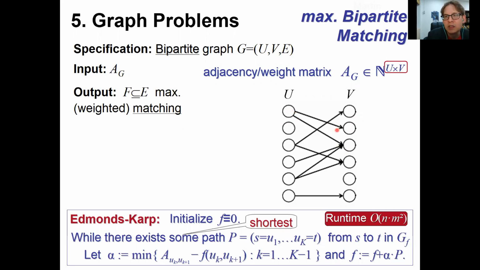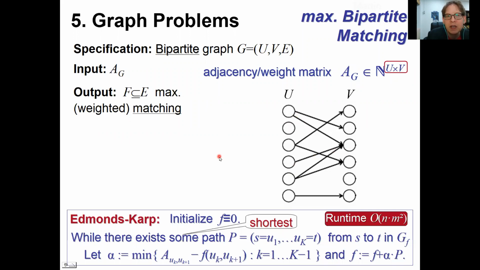So for example, these two edges cannot be simultaneously in a matching, because that means the husband here would be married to 2 wives. And similarly here, this edge and this edge cannot be simultaneously in the matching because it means this wife would be married to 2 husbands.